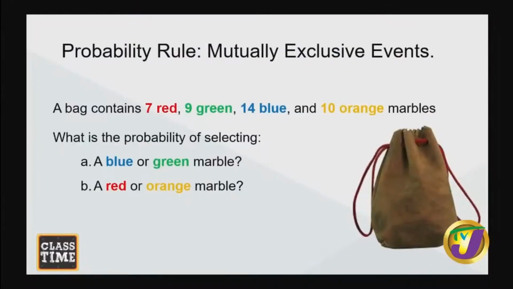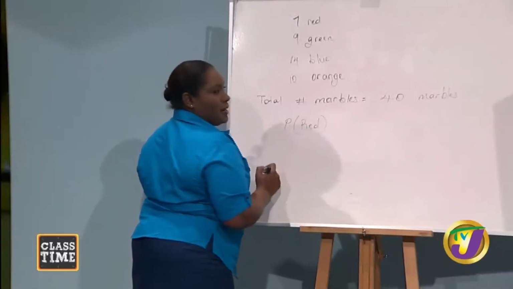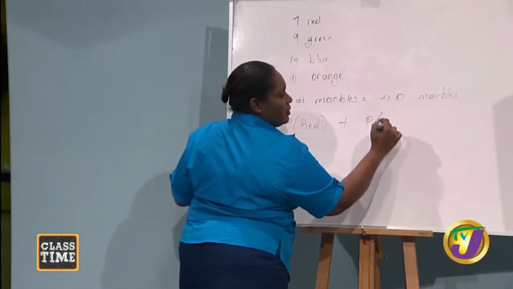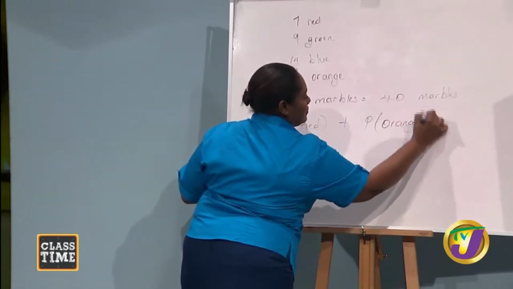This time we are working with red or orange marbles. So how many red marbles are there? 7 red marbles. But before we go into the numbers, let's represent our formula. So it would be probability of the event with the red marbles added to the probability of the event with the orange marbles.